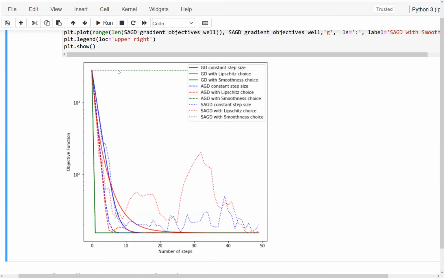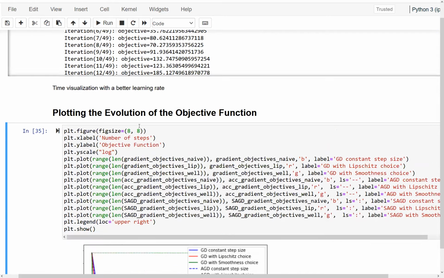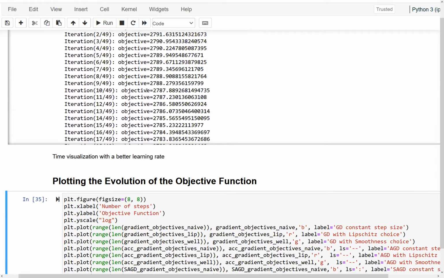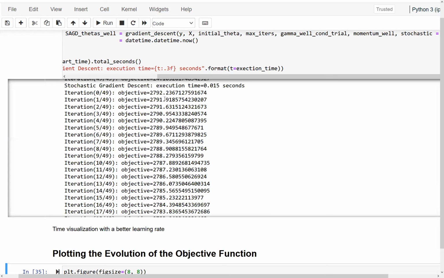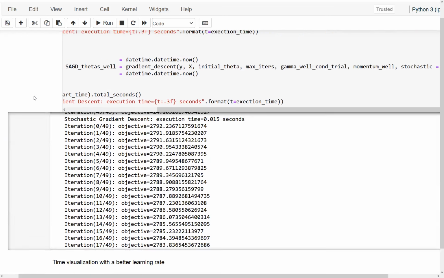Yeah, so not doing anything. So it's stuck. Yeah, so this step size was too low.